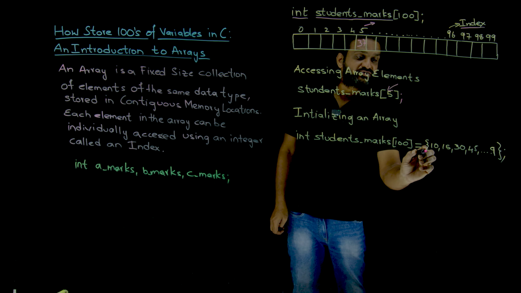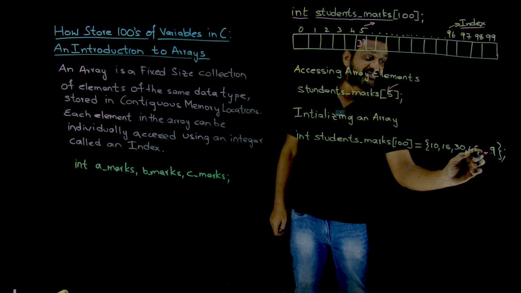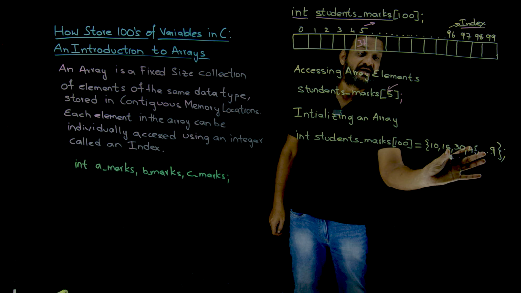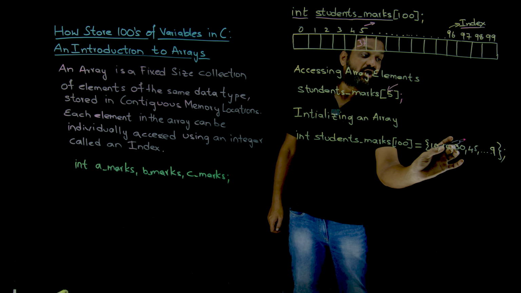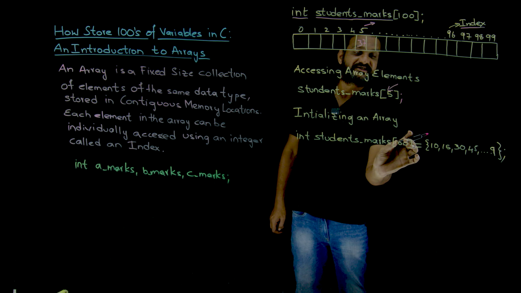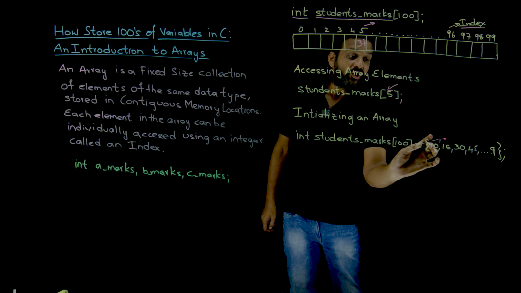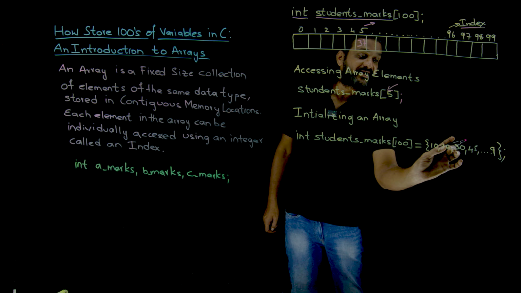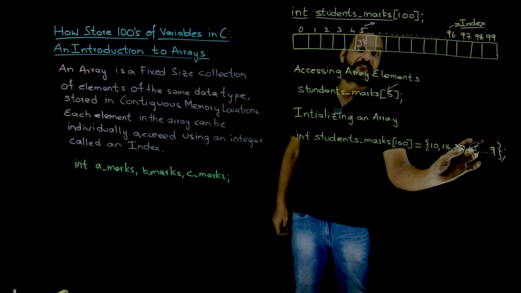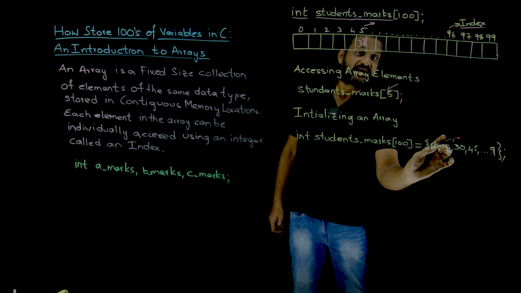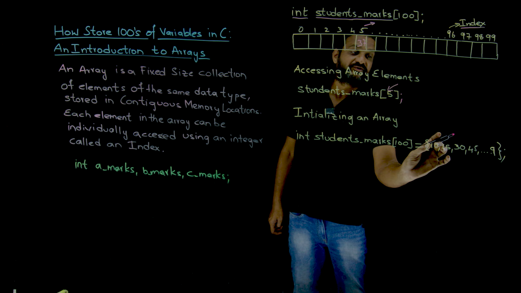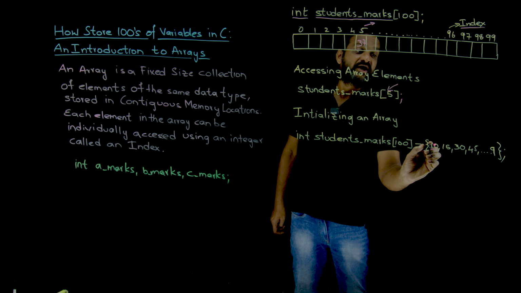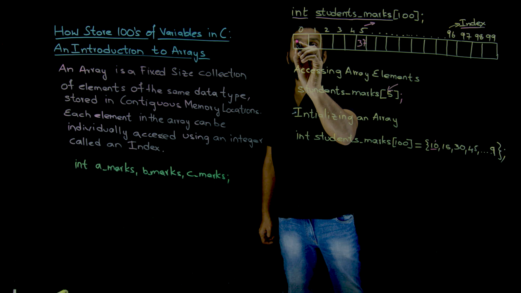We have to use curly braces, and within these curly braces, whatever the number of elements, those elements are to be provided. Let's assume that we are having 100 elements. All the 100 elements are to be provided, separated by commas. Whenever the compiler identifies a comma, it understands that the first value 10 is assigned to index 0.